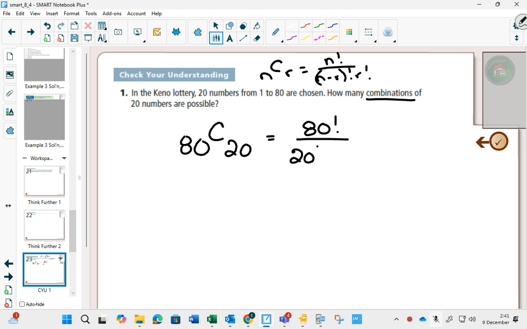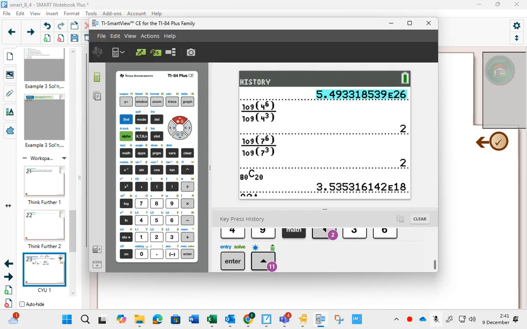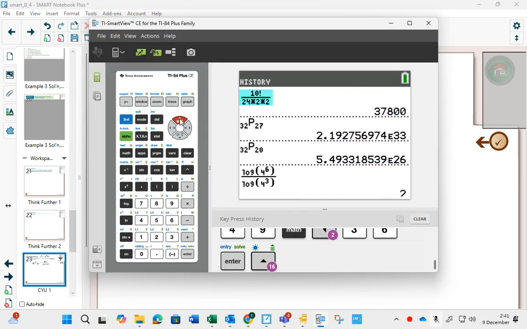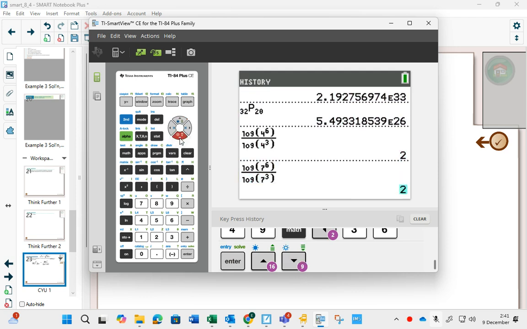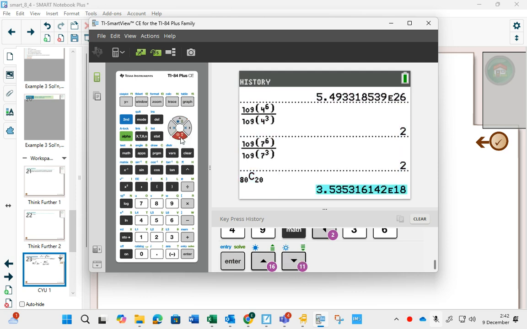The 20 will go on the bottom, and then the other number on the bottom is just that the bottom two always add up to the top. So if I have a 20 factorial here, I'm also going to have a 60 factorial. And because of that pattern, it's really easy to remember the formula. So if we type this into our calculator, there it is. We get 3.53 times 10 to the 18.